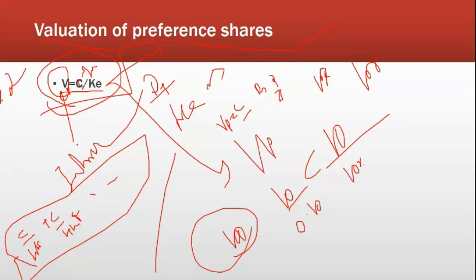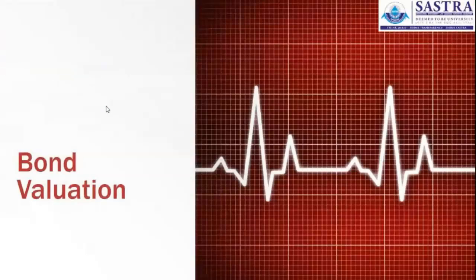Or you can take it as KP for the understanding of the preference share. What exactly is the preference share, and what the expected rate of return from the market can be calculated. The next one is the bond valuation and the bond valuation models.